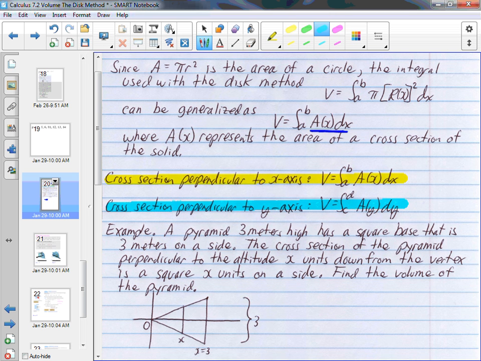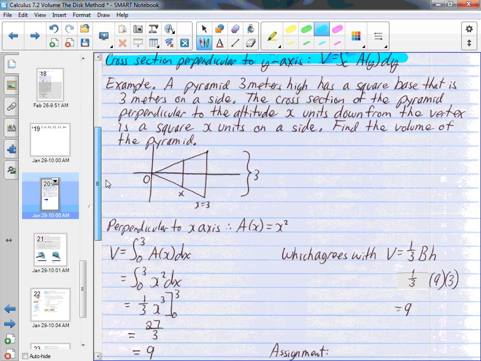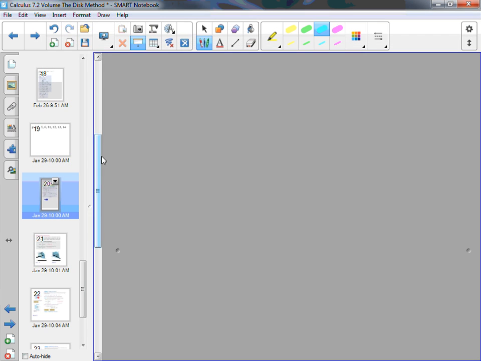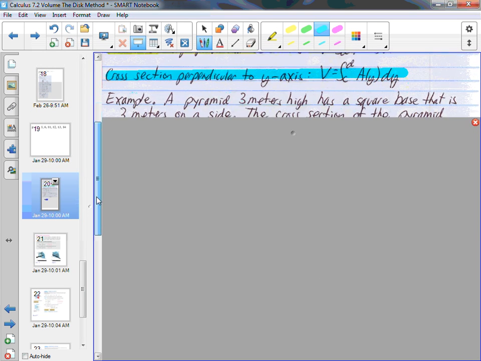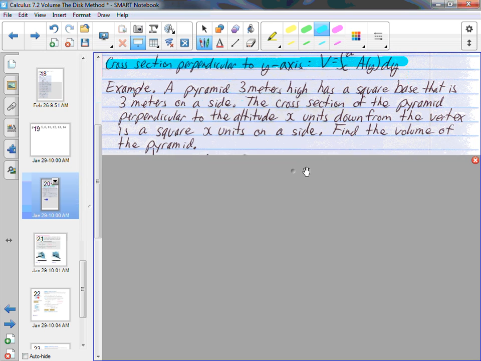All right. Let's work this example I have here on the slide. You don't have to write all this down. Write the work down, and I'll give you a copy of the problem later if you want me to. So, here's our example. A pyramid, 3 meters high, has a square base that is 3 meters on a side. Square base.